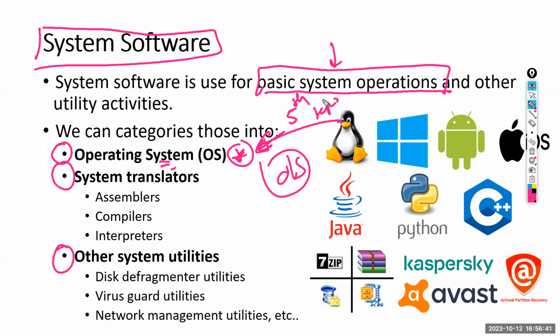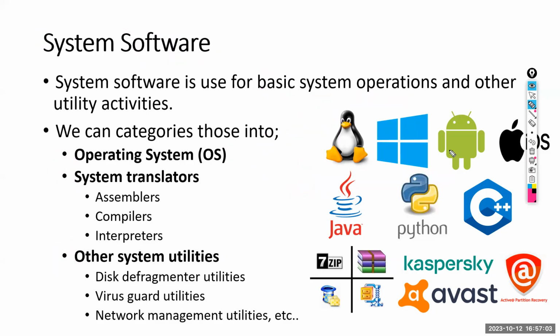But when it comes to system software, there are some other software also categorized under system software. Those are system translators and other system utilities. Now remember, one of the topics you have in A-level ICT is programming. We will be using Python.